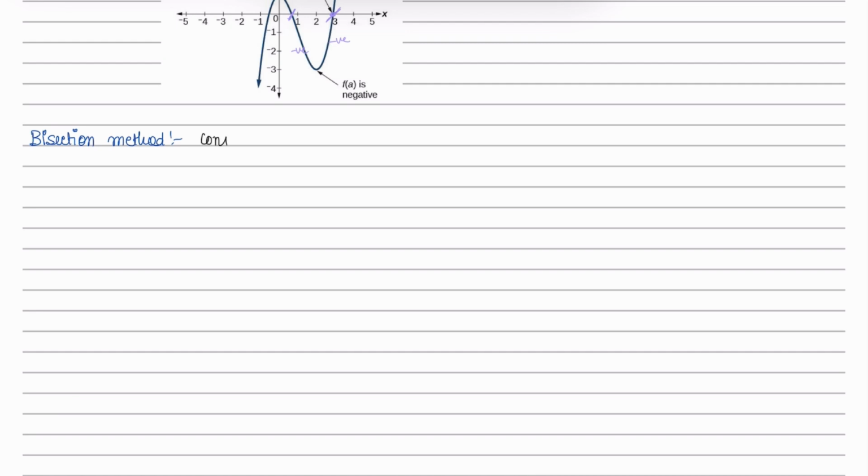Consider f of x equals 0 whose roots lie in the interval a comma b such that f of a and f of b are of opposite signs.